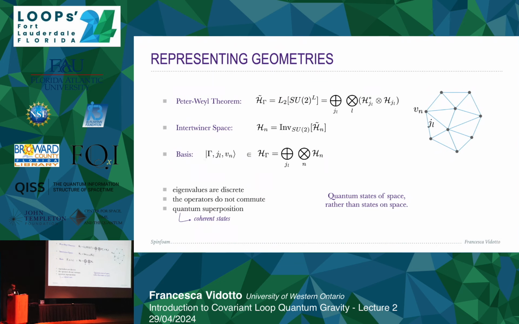The full Hilbert space is given by the product of these representations, and then the full Hilbert space is given by summing over all the spins.